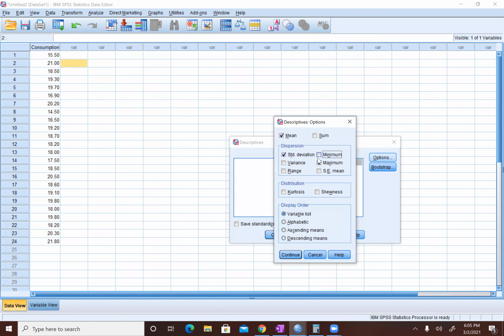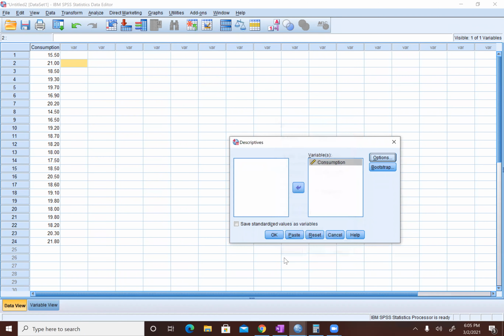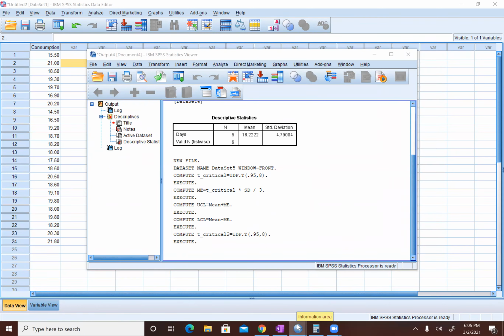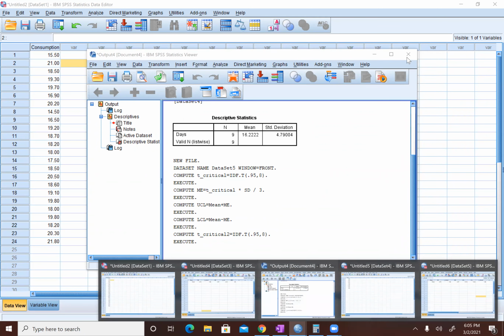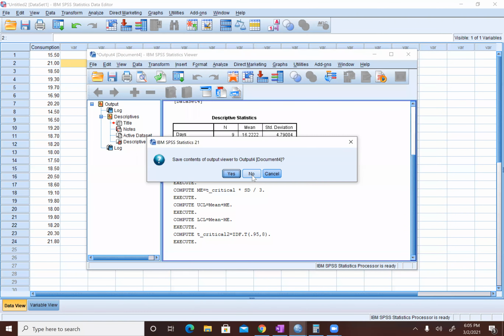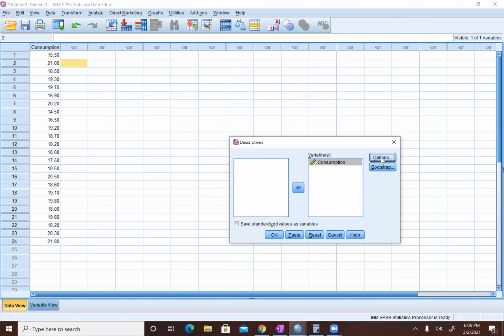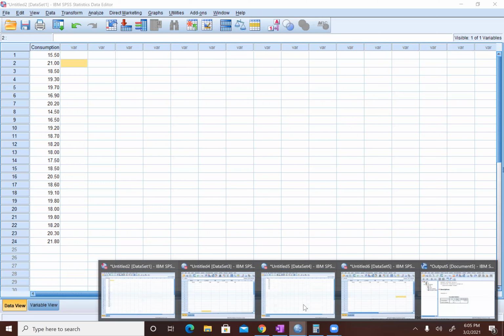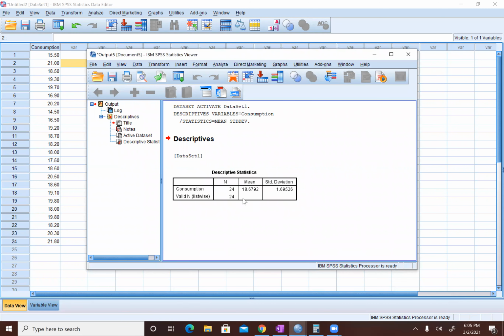You need mean and standard deviation. So this is the consumption, that's the variable. 24 is the number in your sample size. This is the mean and this is the standard deviation.